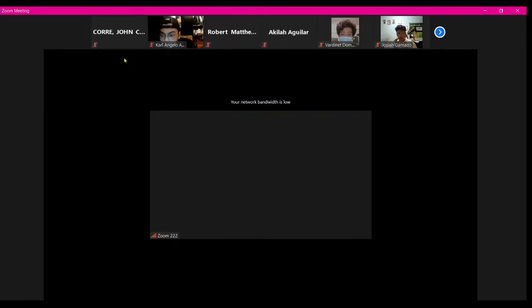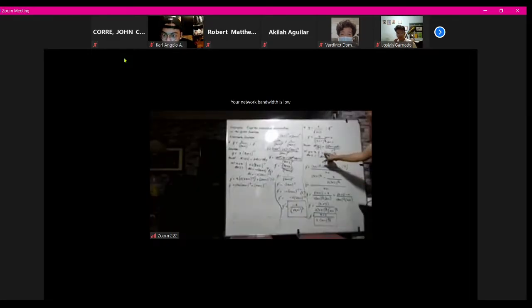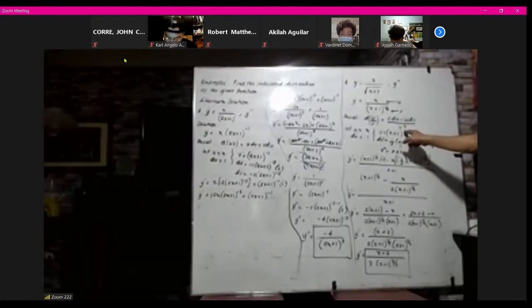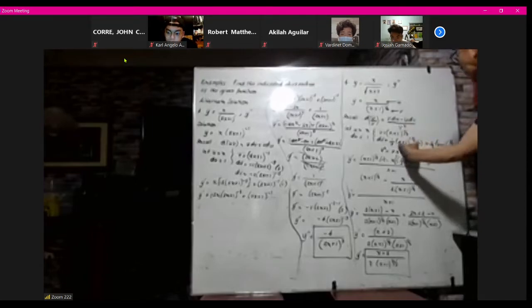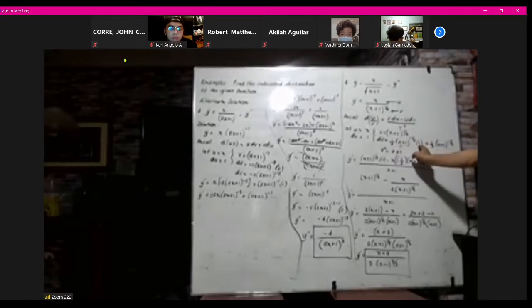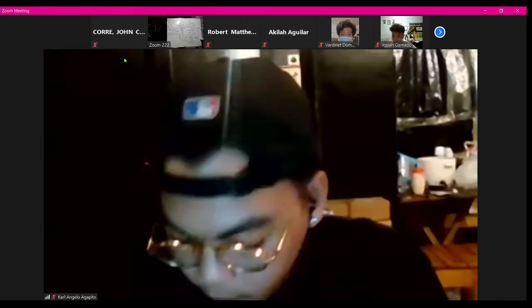Kasi, ito muna, 1 half times ang numerical coefficient ko ay 1. So, equals 1 half. Then, x plus 1, magpa-minus ka ngayon ng n minus 1. So, 1 half minus 1 is equal to negative 1 half. Derivative ng x plus 1, derivative of x is 1. Kaya minultiply pa natin ng 1. Okay? Okay, sir. Thank you po.